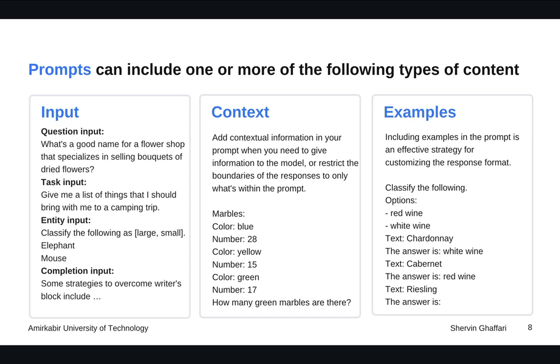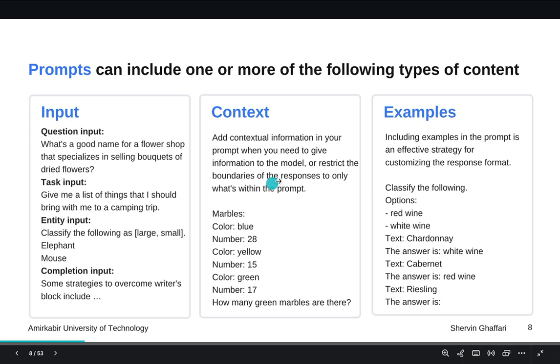For context, you add some external knowledge. You add some description to the model to force it to reason within that area. As you can see in this example, we have provided some examples, for example some keys and values in JSON format, and you ask the model about this context.